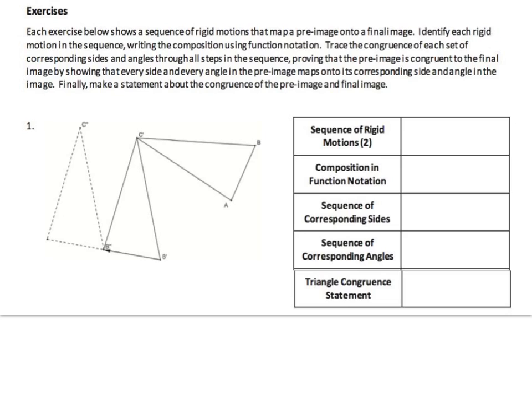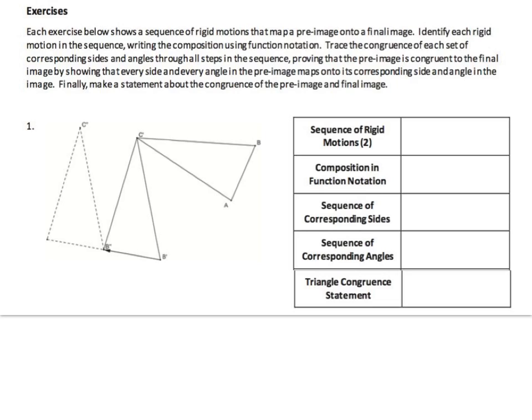So remember, exercises you're going to complete until you feel pretty comfortable. There are three exercises, so whatever you feel comfortable in. Each exercise below shows a sequence of rigid motions that map a pre-image onto a final image. Identify each rigid motion in the sequence, writing the composition using function notation.